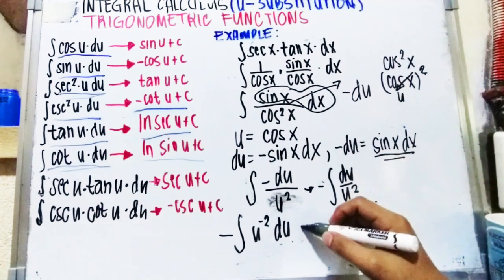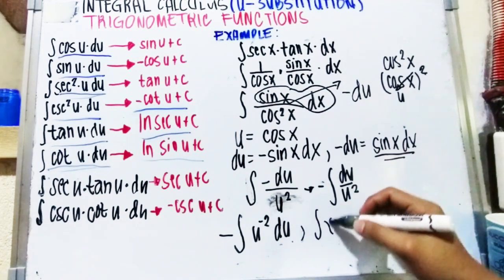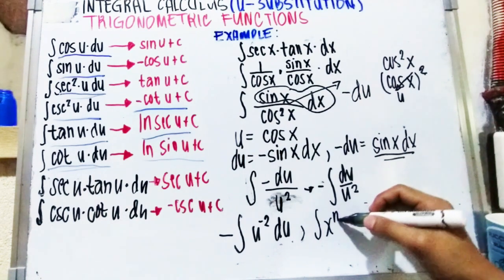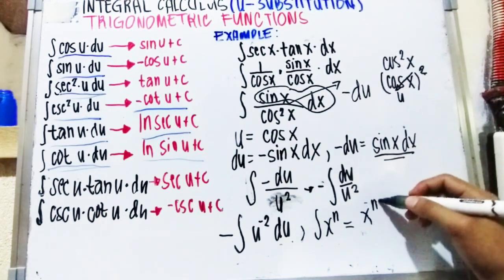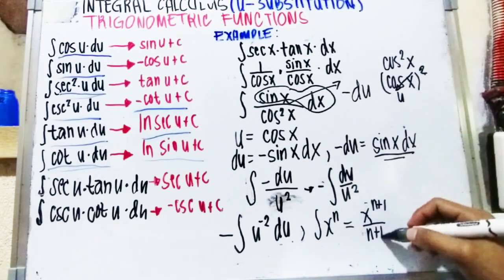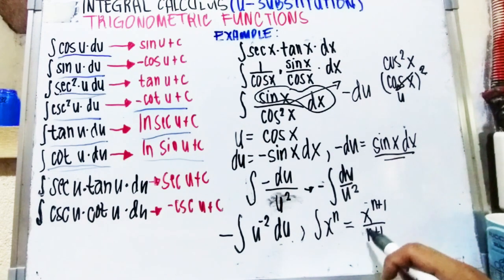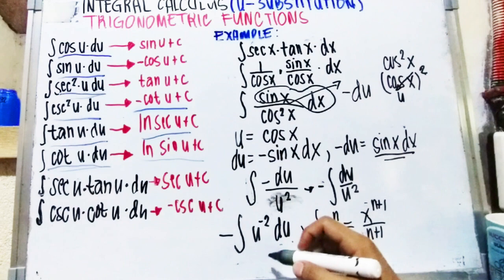Recalling our power rule, di ba yung integral of a function raised to a certain exponent is that function raised to n plus 1 over n plus 1. So, pwede natin i-apply yung property na ito sa ating integral.